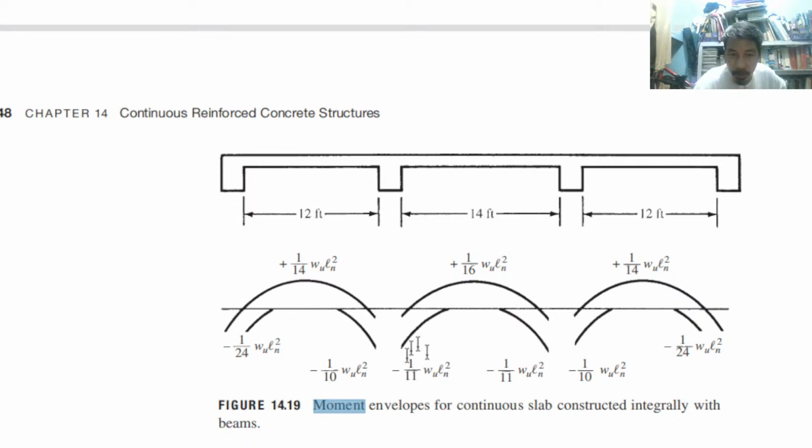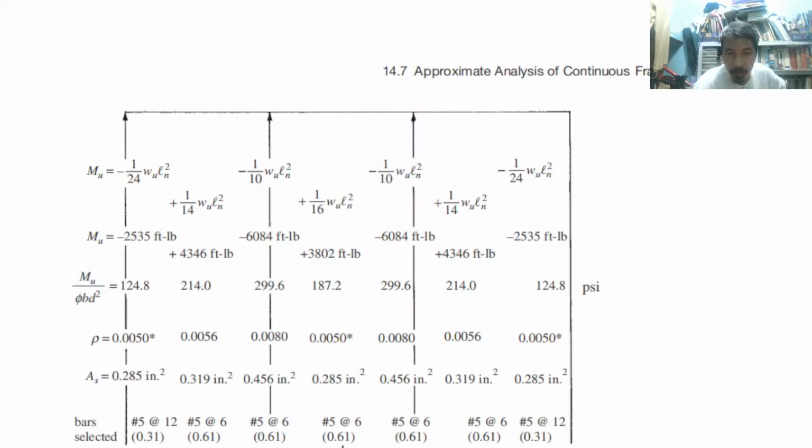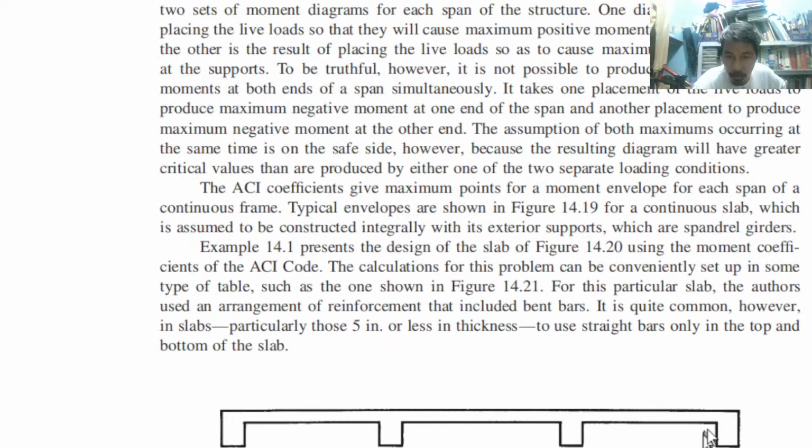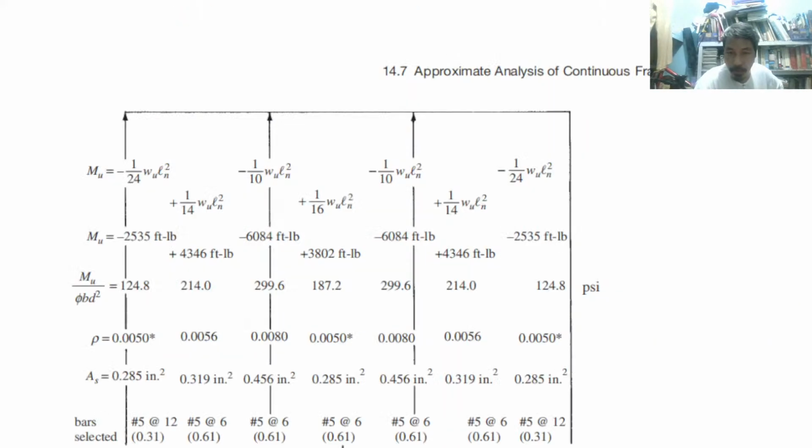Here, 1 over 11, 1 over 10, 1 over 11, 1 over 10. Okay, so here we can show 1 over 10, 1 over 10, and 1 over 24 here. So the interior face of the exterior supports here, 1 over 24. Okay, so 1 over 24, 1 over 24, 1 over 10, 1 over 10.